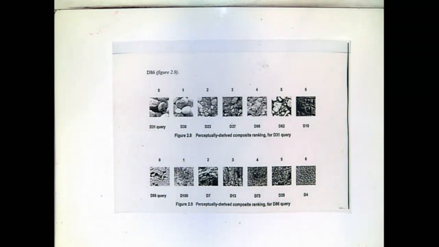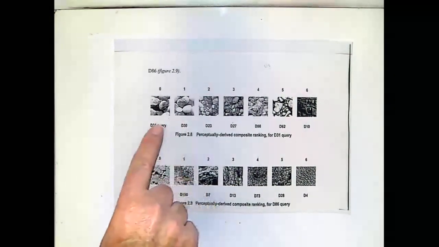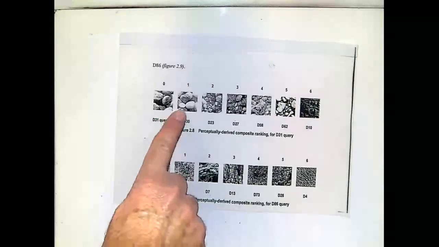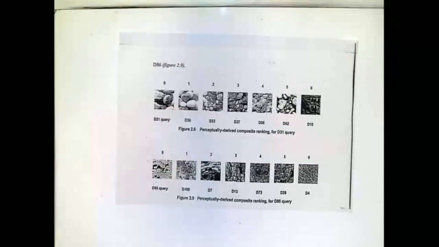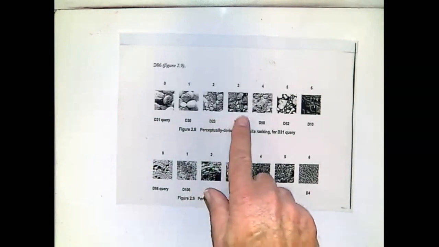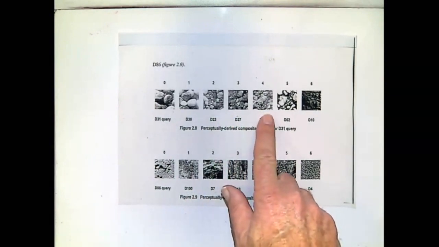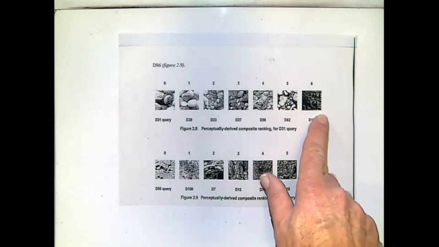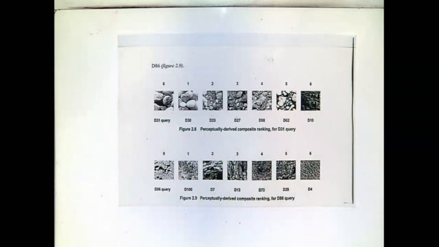No tag, no name, no description, just the pixel values. Using the texture co-occurrence spectrum, searching in the database, this one comes out as being similar to that. Not the same, but similar. And I reckon that's pretty good. As we go further away, that comes out, that comes out, that comes out, and then it starts to lose its similarity. I reckon that's not a bad retrieval.